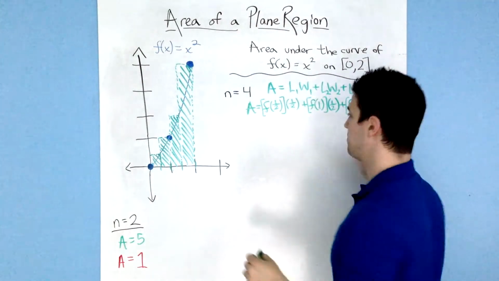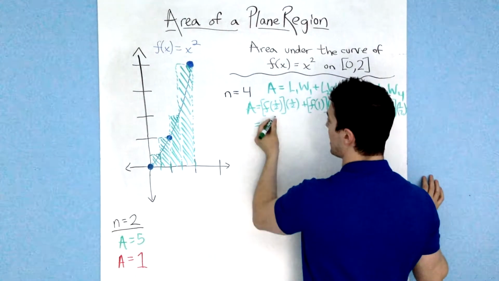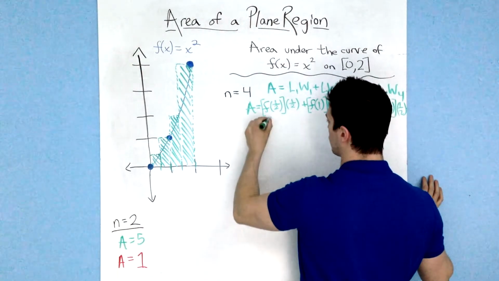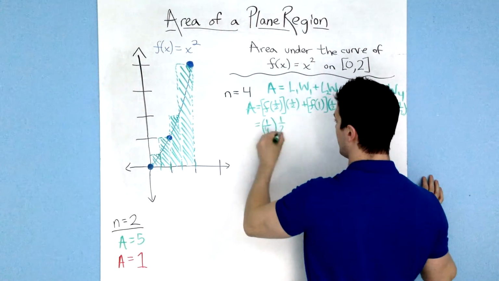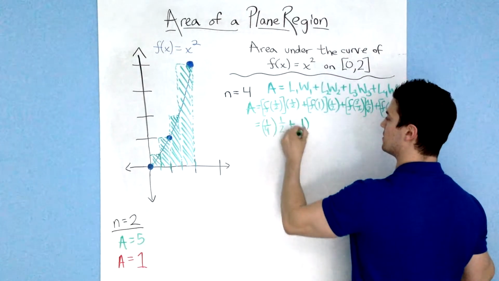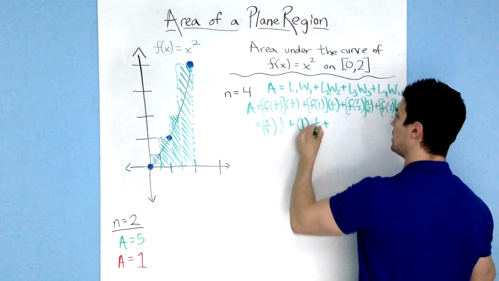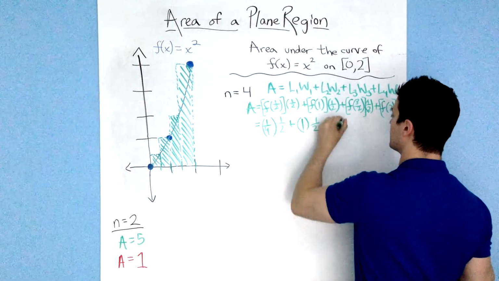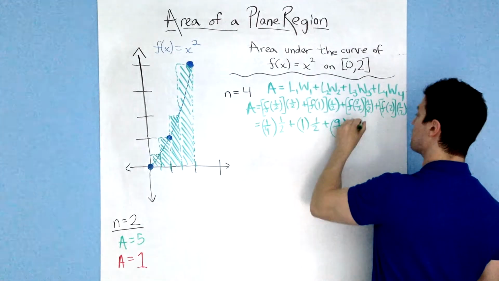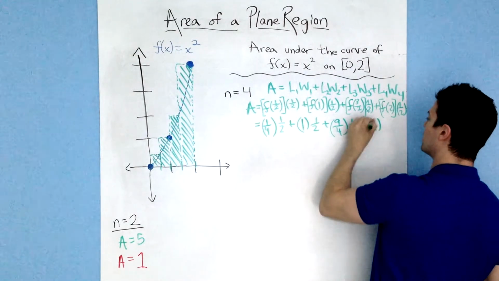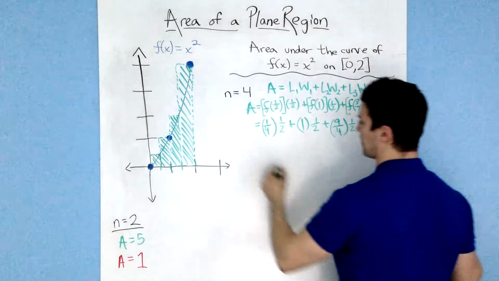Okay, let's simplify this. f of 1/2, if you plug 1/2 in there, you'll get 1/4, because it's 1/2 squared, times 1/2, plus f of 1 is going to be 1 times 1/2, plus f of 3/2, now you're going to get 9/4 times 1/2, plus f of 2, which is 4 times 1/2.